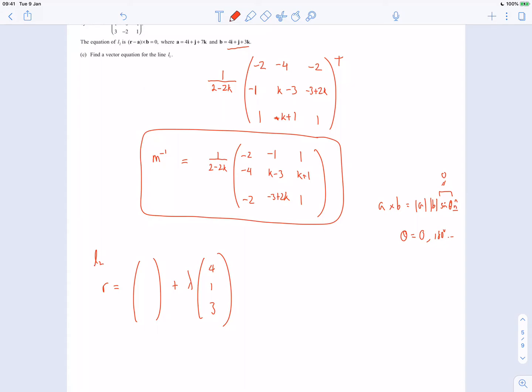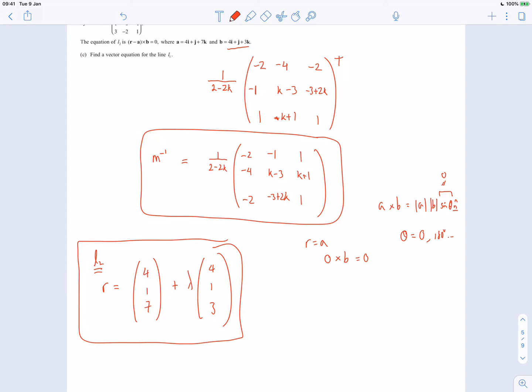So if I know that's the case, well, I know that r equaling a would be a solution for this, because 0 cross b would also equal 0. So I know that a must lie on this line as well. So that must be 4, 1, 7 lies on the line too. So actually, I can say with accuracy that the line L2 has equation like that, if I was to write it in vector form.